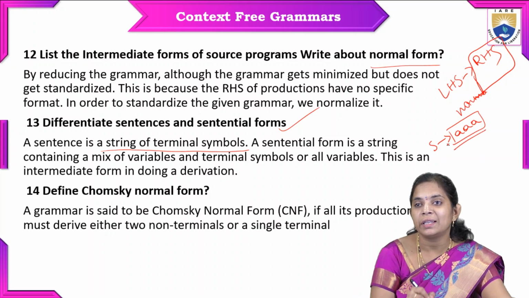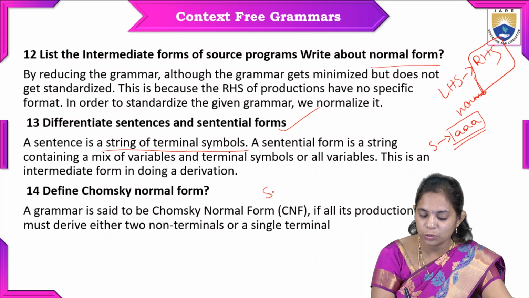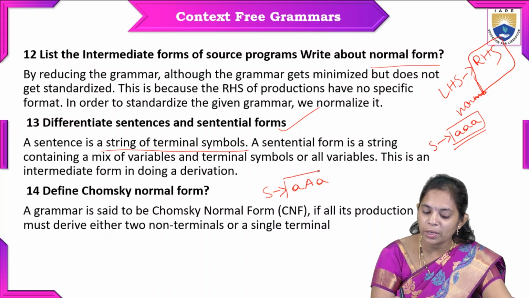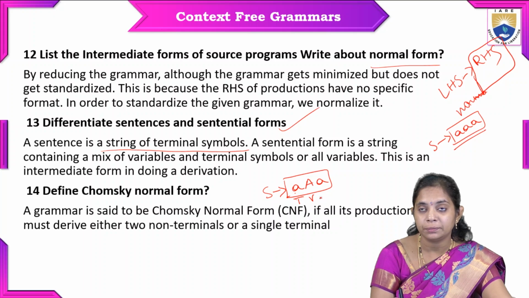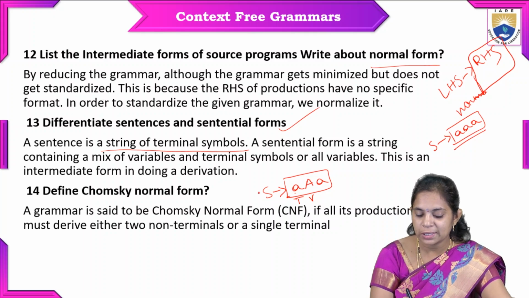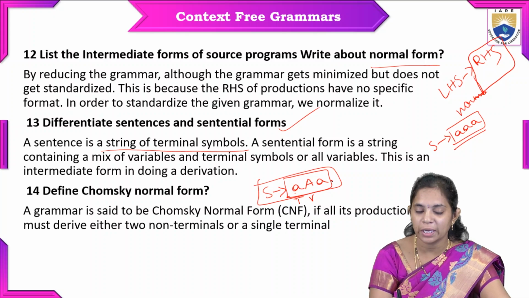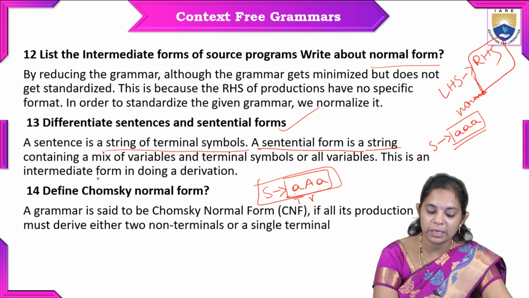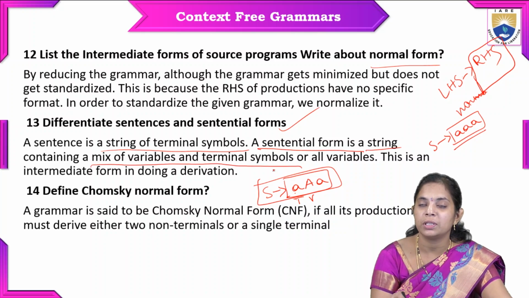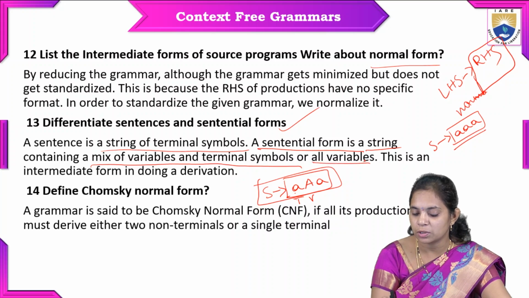And coming to the sentential form, S tends to A, with capital A there, is a combination of both terminals and non-terminals. This type of production rule is named a sentential form, a string containing a mix of variables and terminal symbols, or all variables.